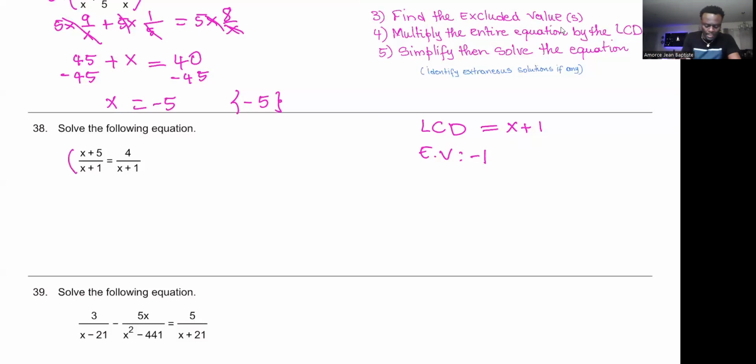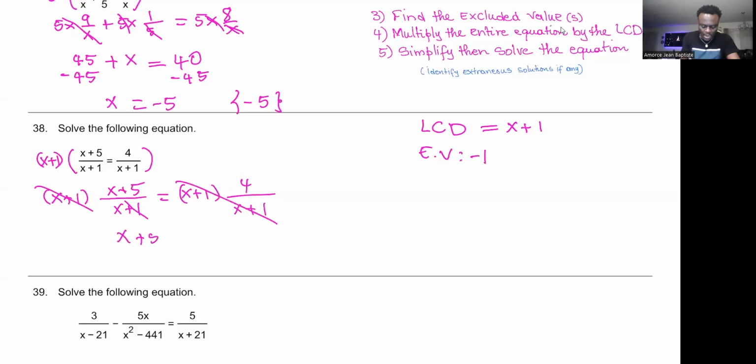Now let's multiply by x plus 1. x plus 1 times x plus 5 over x plus 1 equals x plus 1 times 4 over x plus 1. x plus 1 gets canceled, so x plus 5 equals 4, subtract 5, x equals -1.